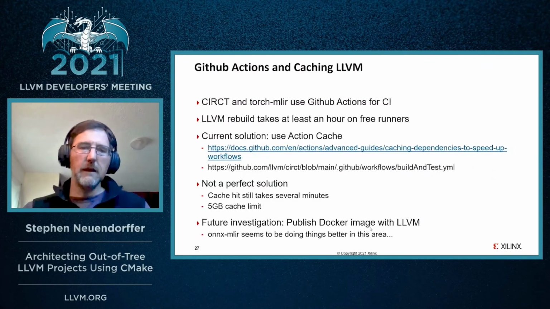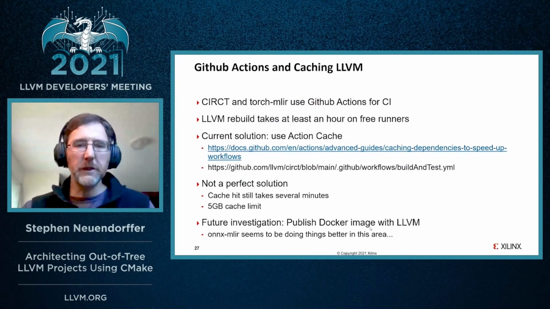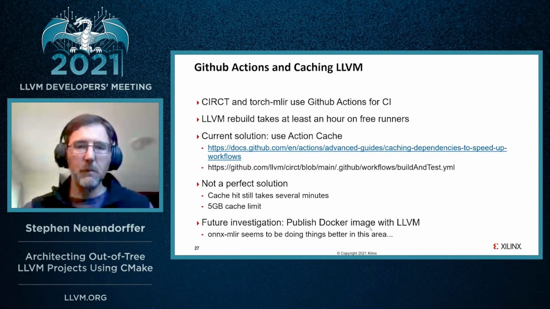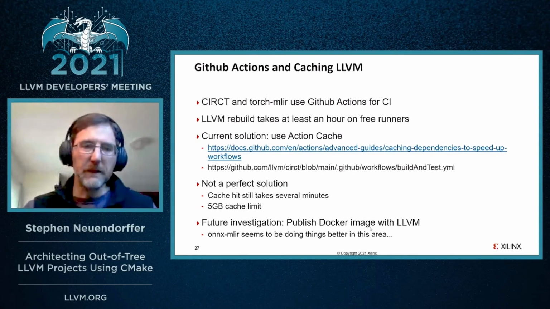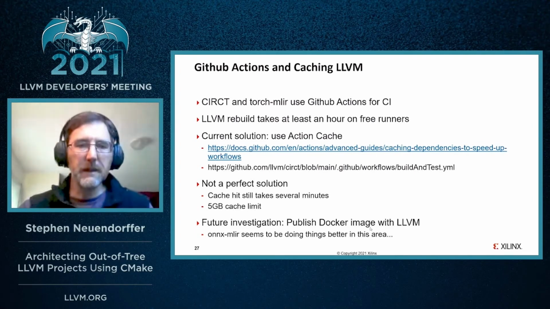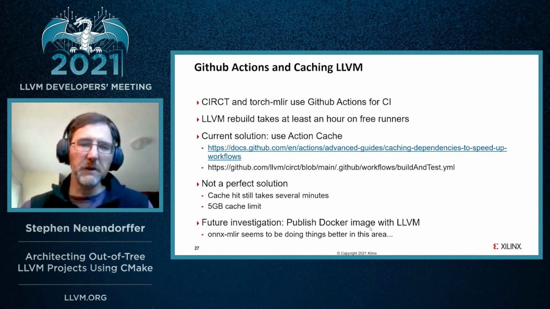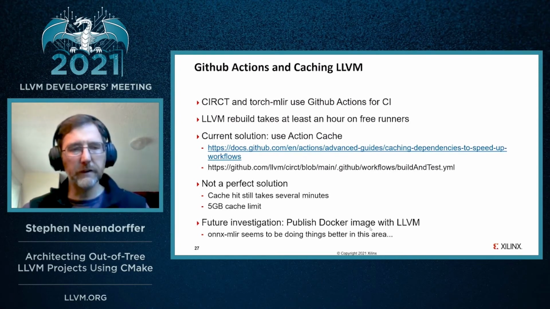Another thing that all the LLVM incubator projects are using pretty heavily is GitHub Actions. And we've been applying some techniques that try to speed up the builds using GitHub Actions. Here the big problem is that the default runners in GitHub Actions are actually quite limited, and rebuilding LLVM takes at least an hour on the free runners unless you're providing your own build machines.